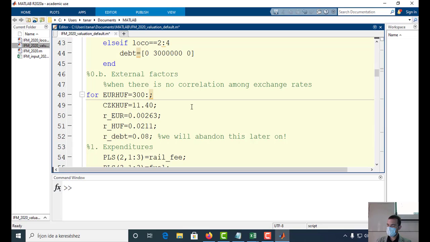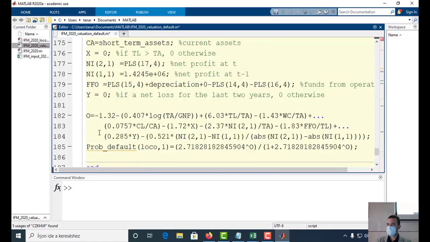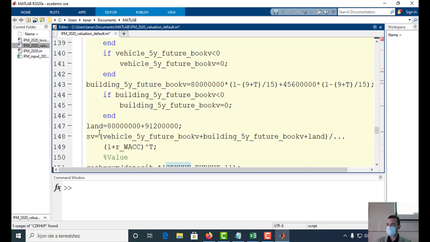From 300 to 360, and also we are generating a secondary CZK-HUF from 10 till 15. And we are not mingling with the interest rates, just this.